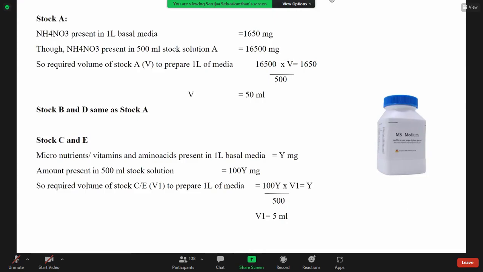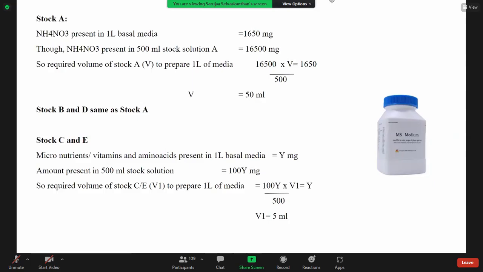Now we know the final formula. The 1 liter final formulation contains how many milligrams of each and every chemical. The stock solution concentration also we know, right? So we have to calculate the volume of stock solution we have to pipette out to make the 1 liter of media, right?